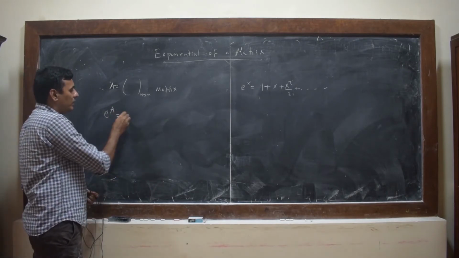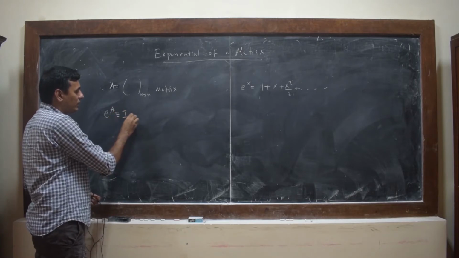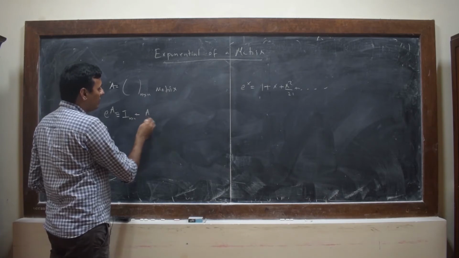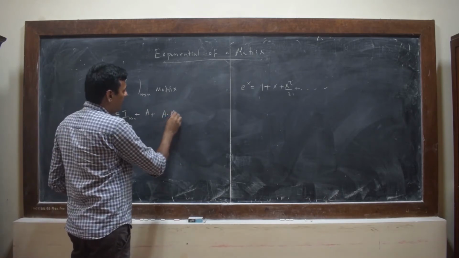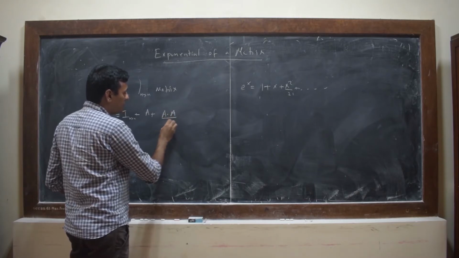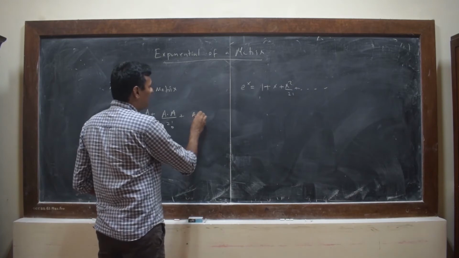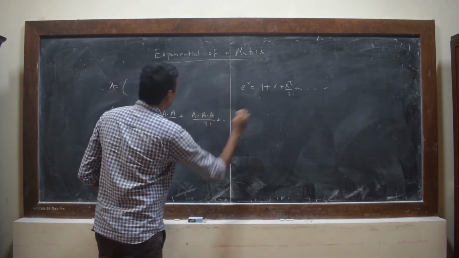So, you have I, this is an n cross n matrix, I n cross n, plus A plus A into A divided by 2 factorial plus A cubed divided by 3 factorial plus etc. etc. Okay.